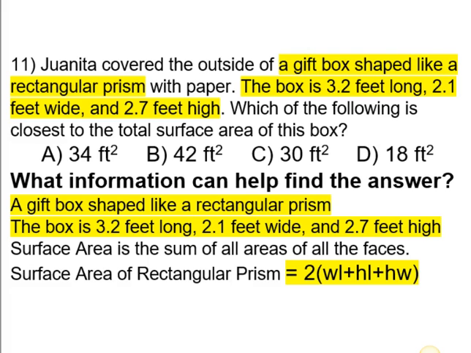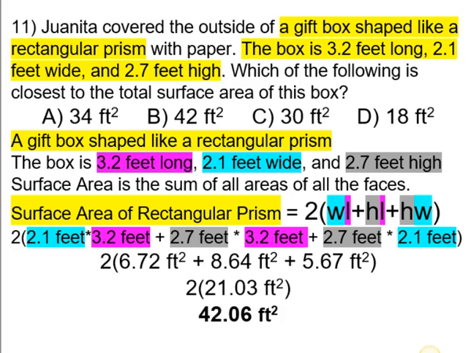That was a tongue twister. All right, let's see how we can solve this problem. What we need to do is substitute in the values for our variables. We know that for L, it's 3.2 feet long. For our width, it's 2.1 feet wide. And for our height, it's 2.7 feet high.